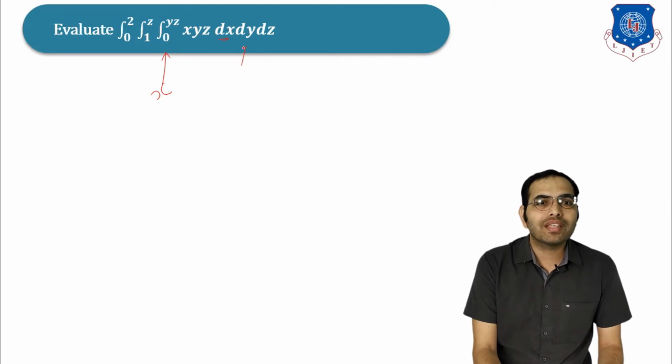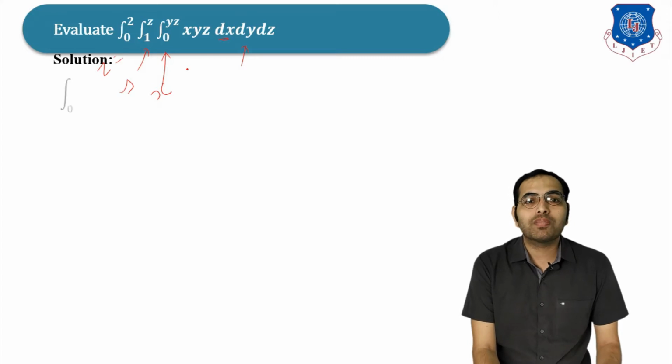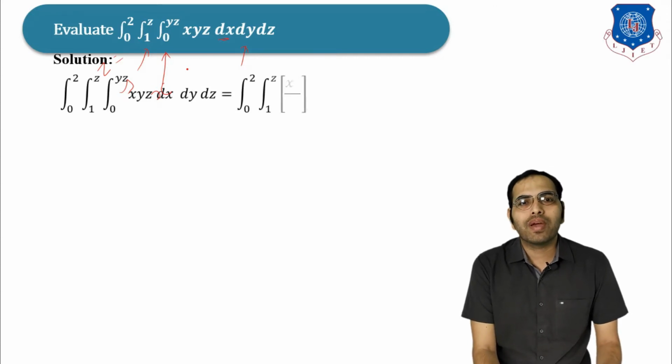Then the middle limit, dy, is the limit of y, where y varies from 1 to z, and the outer limit, which is constant, is the limit of z, where z varies from 0 to 2. Here the limits are already given, so there is no need to draw the region; we have to integrate directly. Firstly integrate with respect to x, then with respect to y, and then with respect to z.